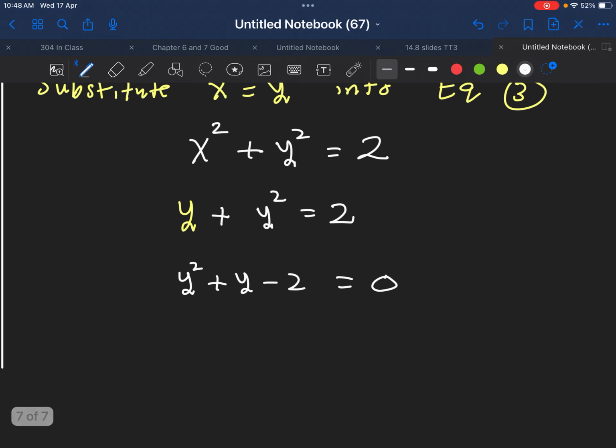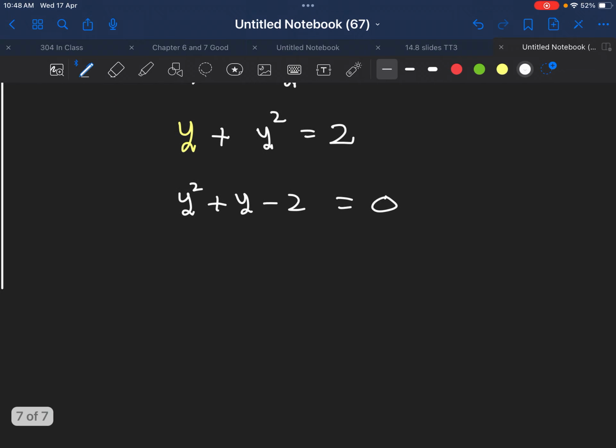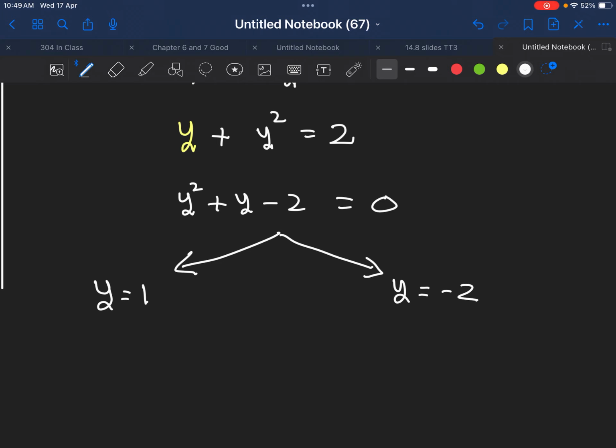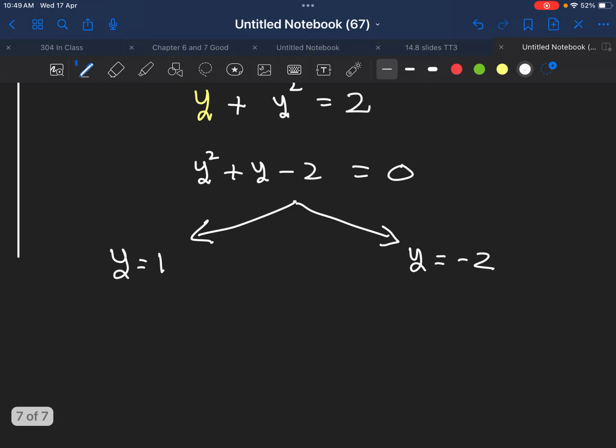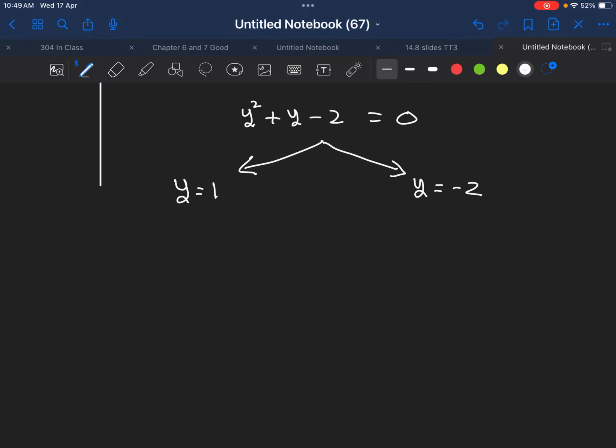If we solve this equation, y equal to 1 or y equal to minus 2. And in each case, we have to find the value for x. So this is a different branch continuing in the same direction.